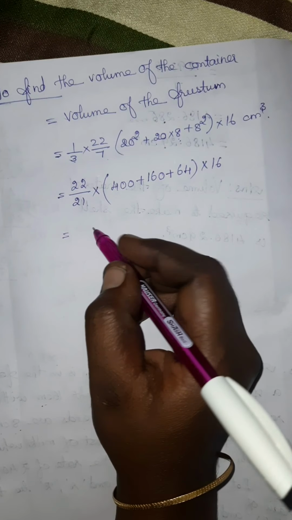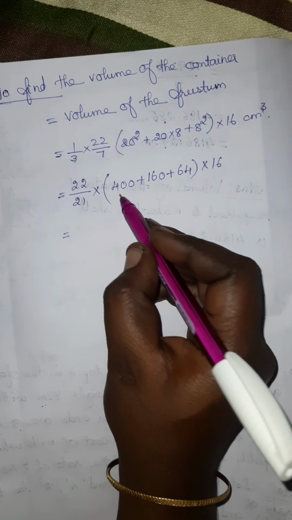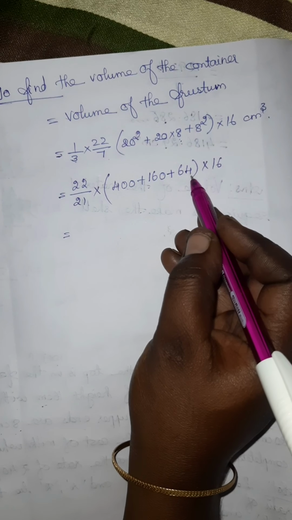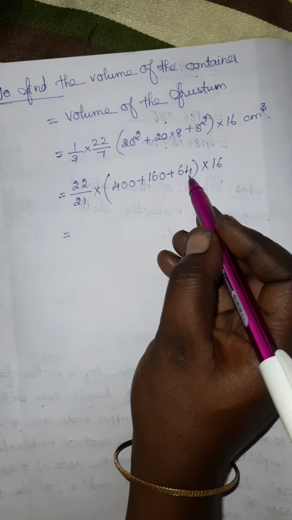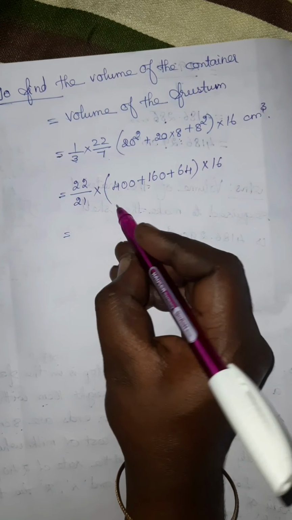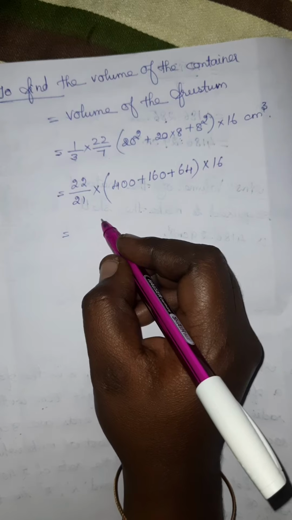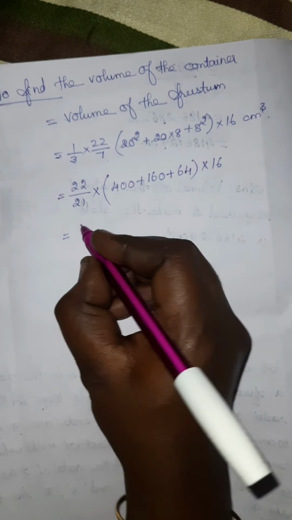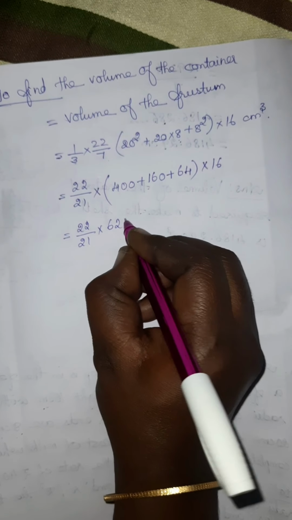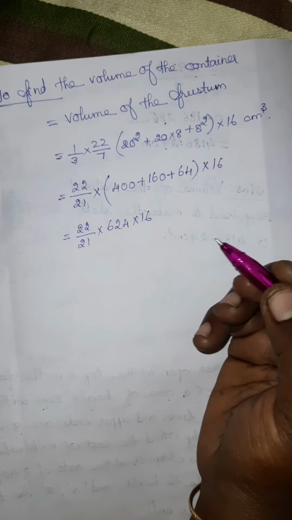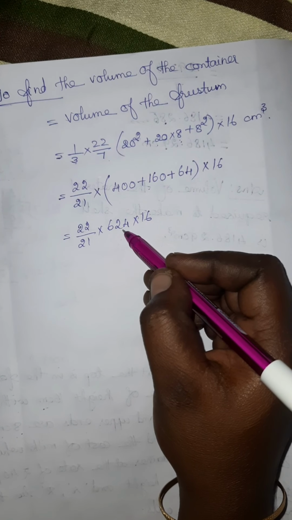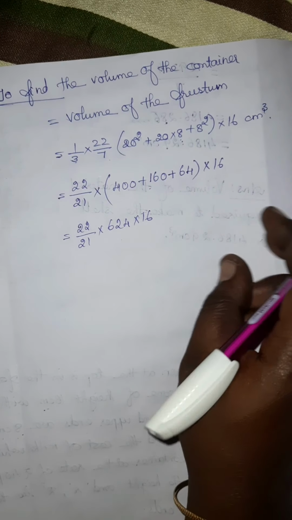Which is equal to, we can add this value 400 plus 160, it is 560, plus 64 is 624. So 22 divided by 21 into 624 into 16. If you can cancel, you cancel the value. Using this 3 table, you can cancel this 624.